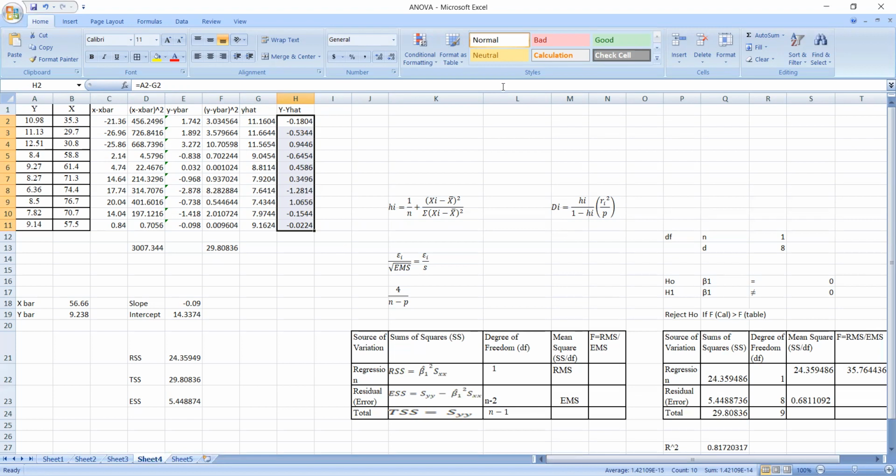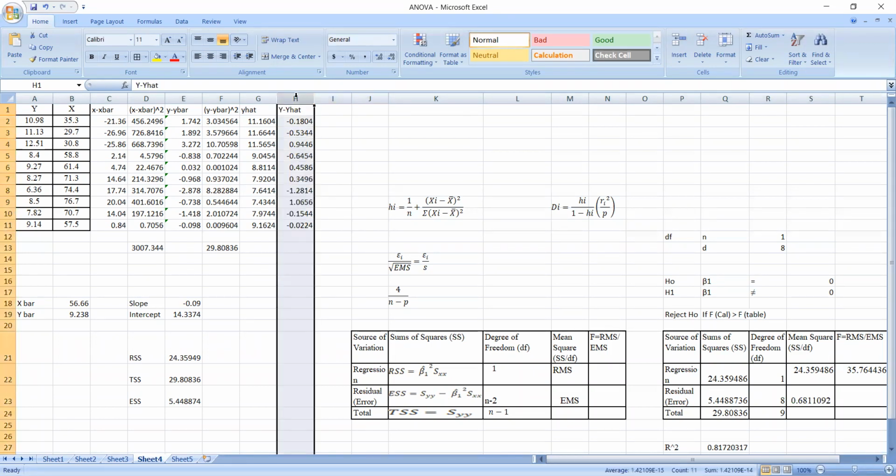Last week, using the ANOVA table, we calculated the sum of squares and the mean square values. If you look at the residual row in the ANOVA table, you can see the error mean square is equal to 0.68. Right? So now, in order to calculate Cook's statistic, we first have to calculate the standardized residuals.